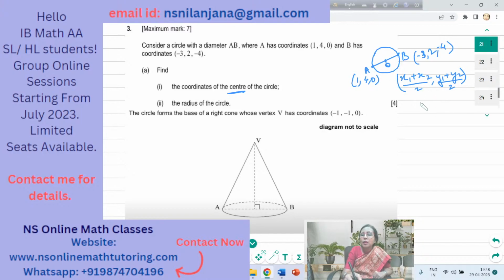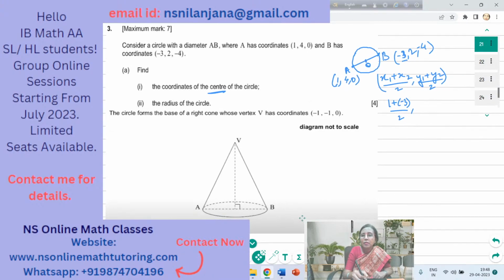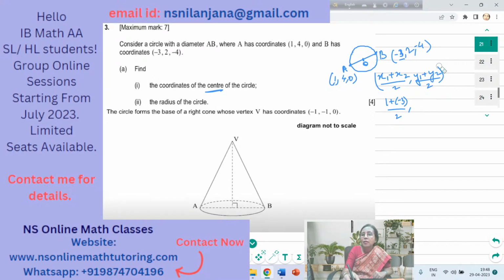So x1 is 1 plus -3, so it is (1 plus -3) over 2, comma. Because we have 3 axes, there will be the z as well.